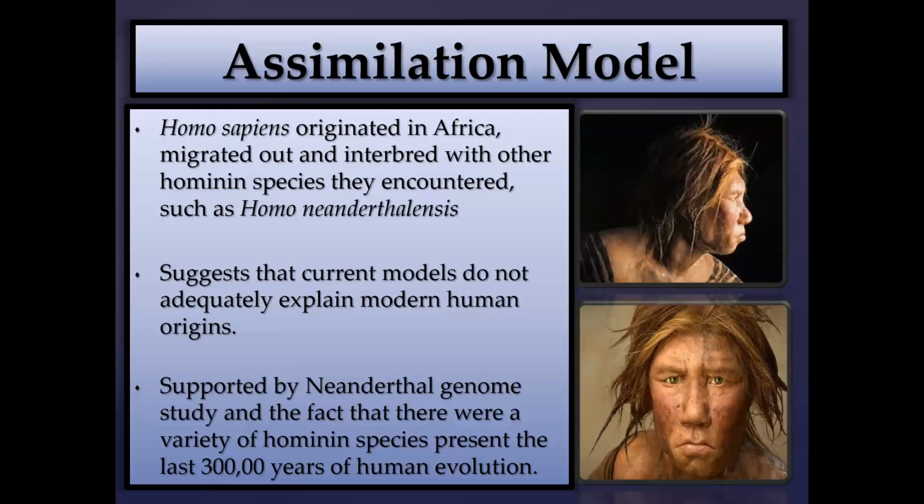Because if this is in fact correct, it certainly does call into question whether we can consider Homo sapiens and Homo neanderthalensis completely separate biological species. If they were in fact interbreeding and producing viable fertile offspring, then they're the same species, at least if we're ascribing to the classic biological species definition.